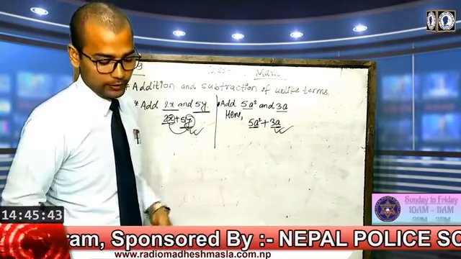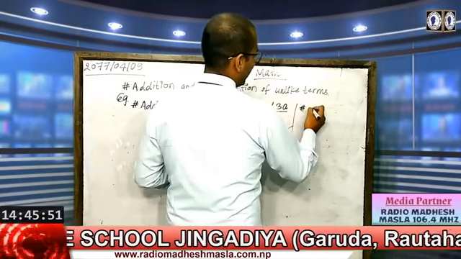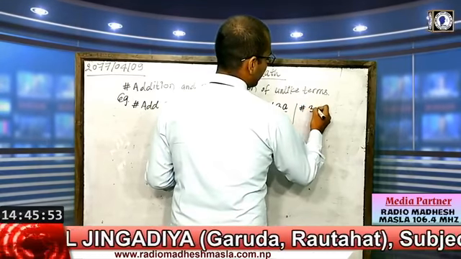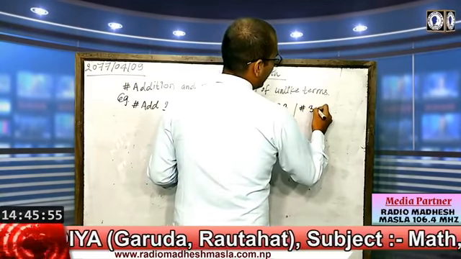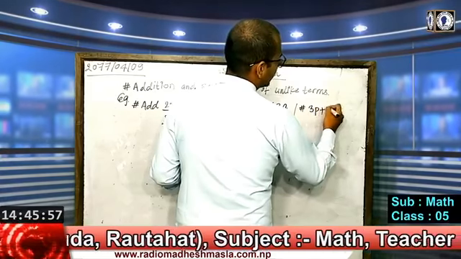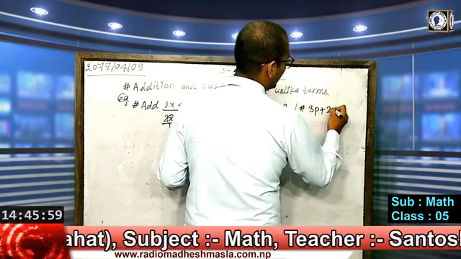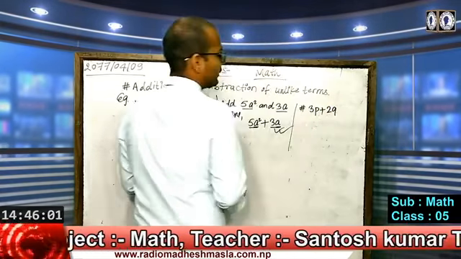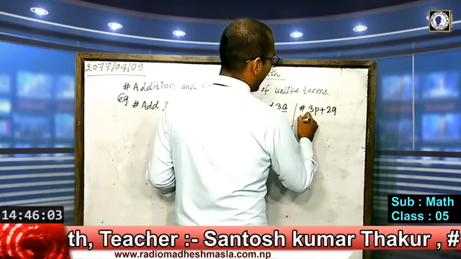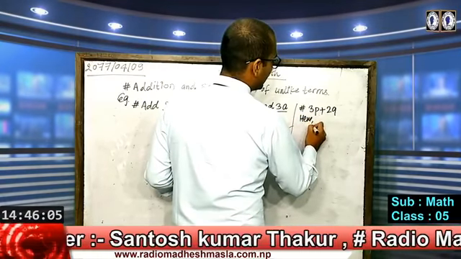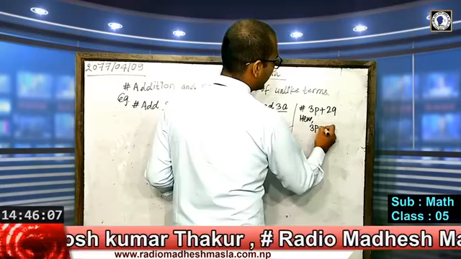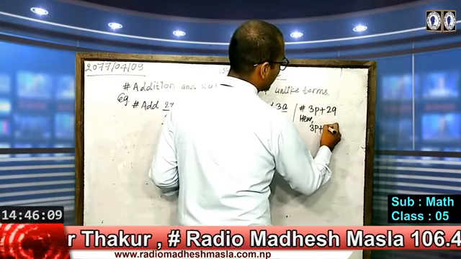Suppose the expression is 3p plus 2q. For the solution of this, we should copy the same expression of the same terms.